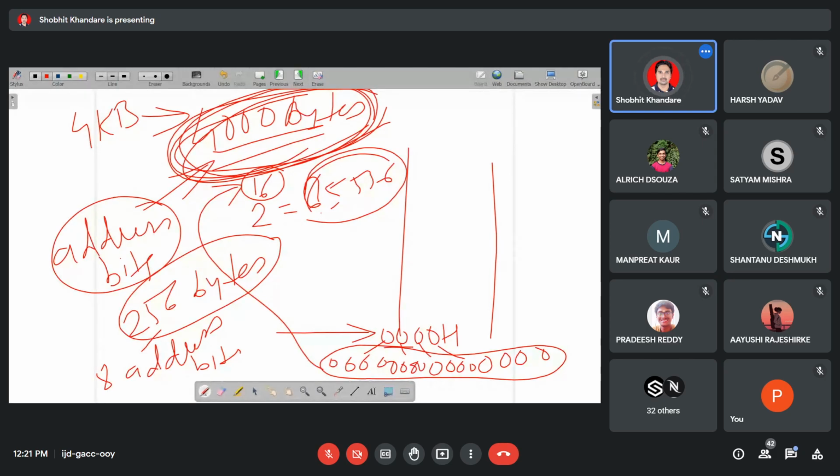With the 16 address bits, I can go from 0000H in hexadecimal. Tell me the ending address.